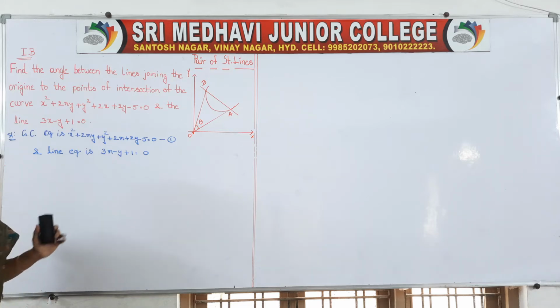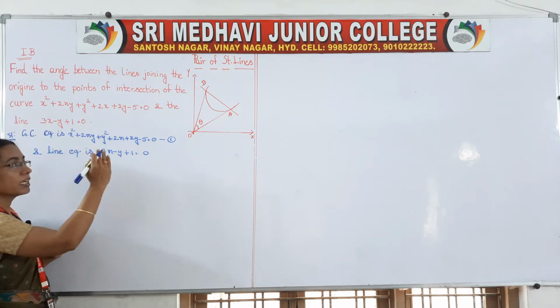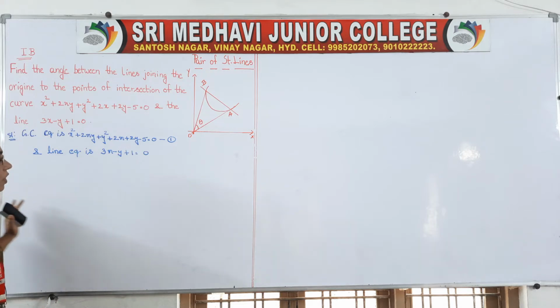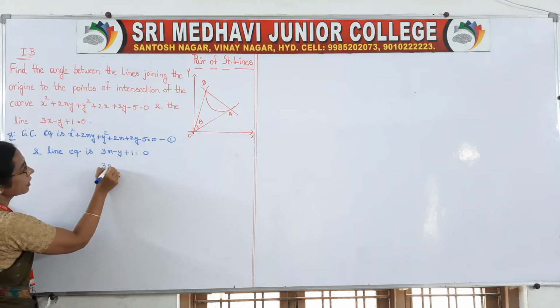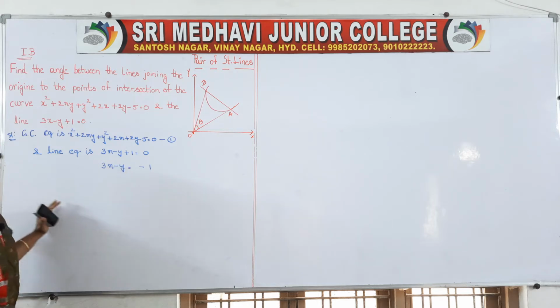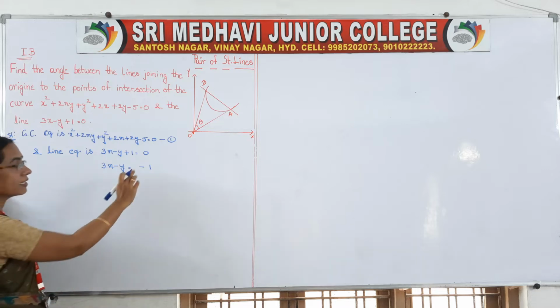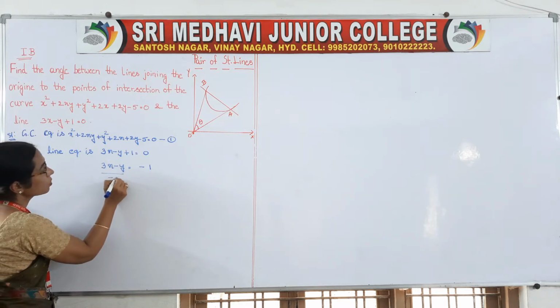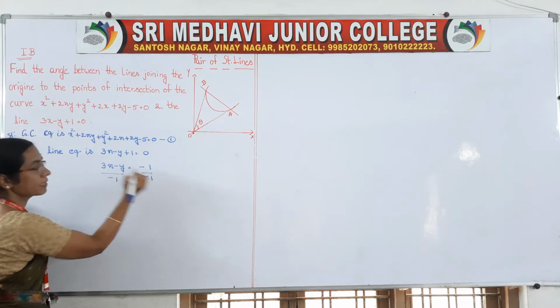So what I said, what is the procedure? First, in this line equation, right side we have to get 1. So it is 3x minus y is equal to minus 1. I said right side 1, not minus 1. So divide both sides with minus 1.